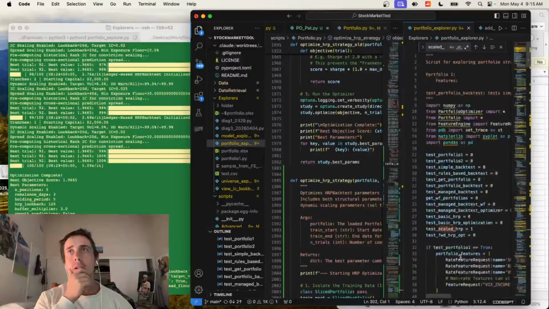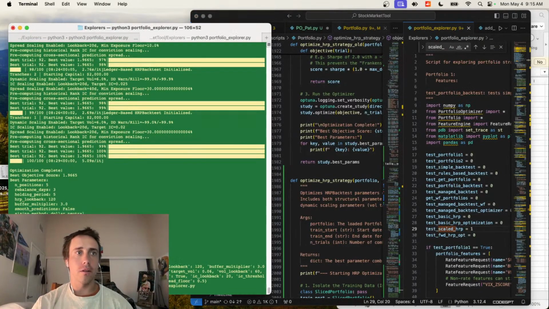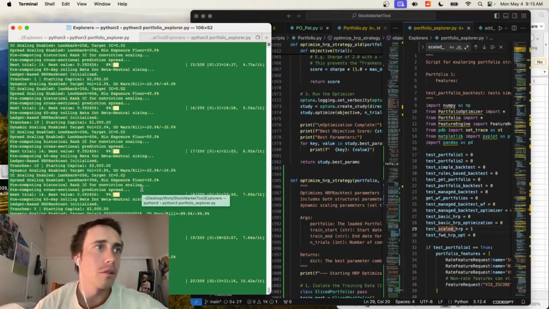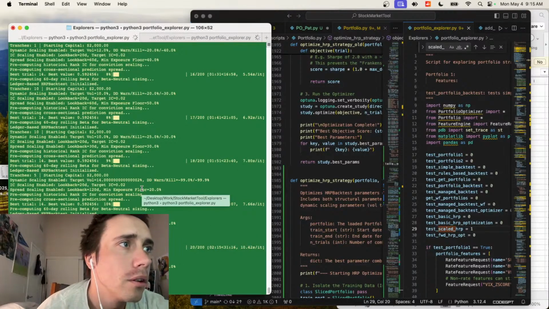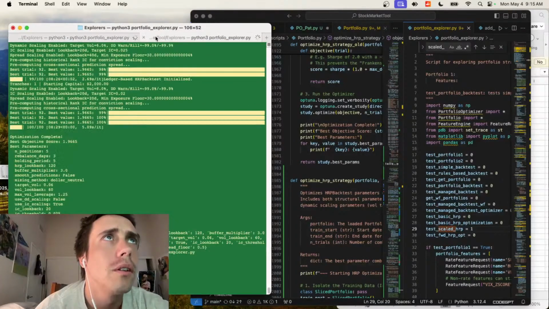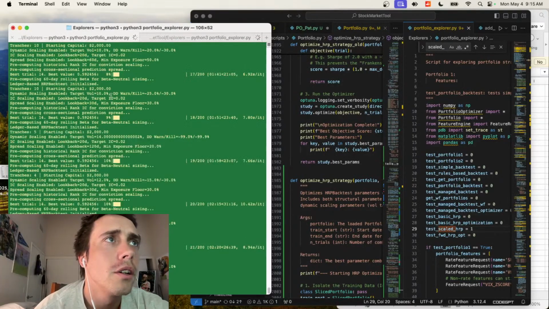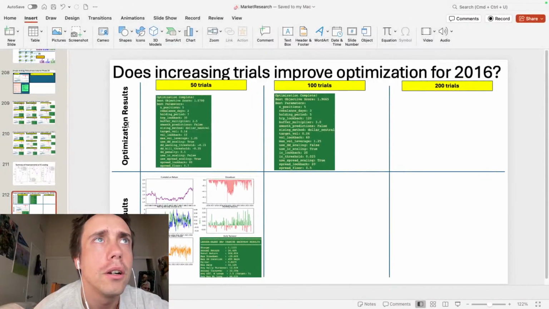Good. So let's turn that back on, and then let's run it. And let's see how's this guy doing. So 200 trials now, right? Yeah, 20 of 200. And here it got to a value of 1.96, which was significantly better. 1.57 versus 1.96.